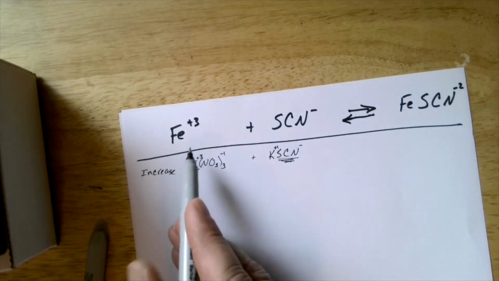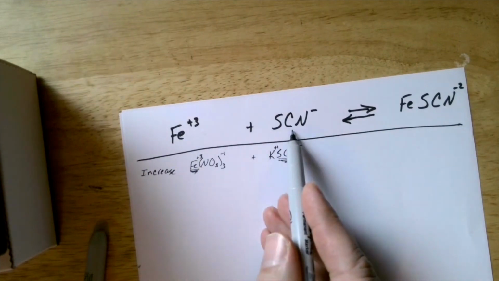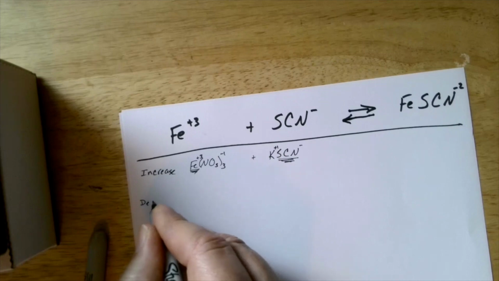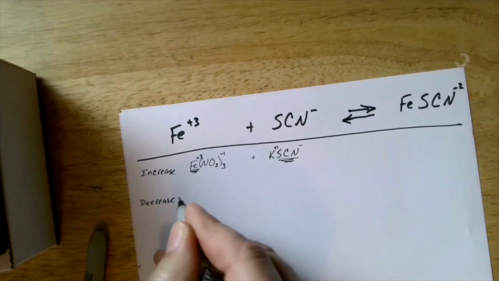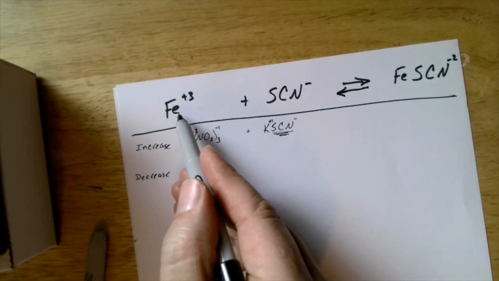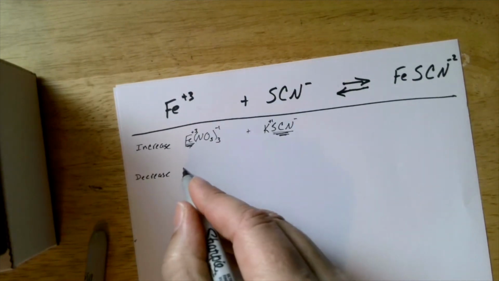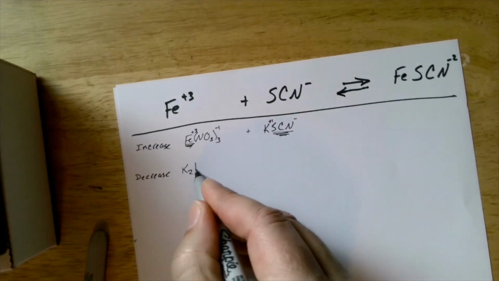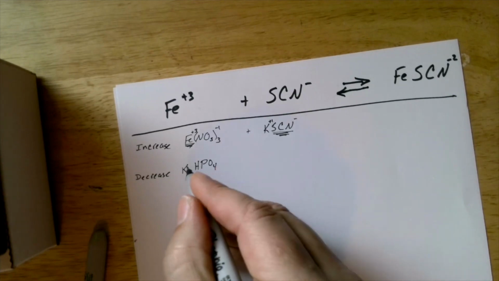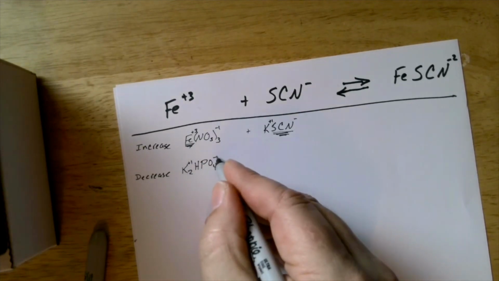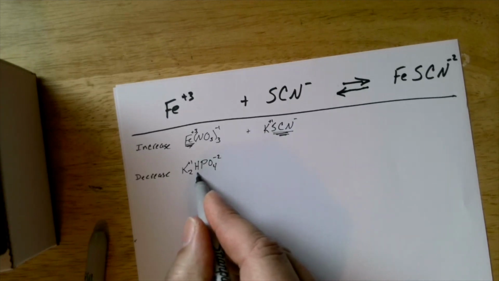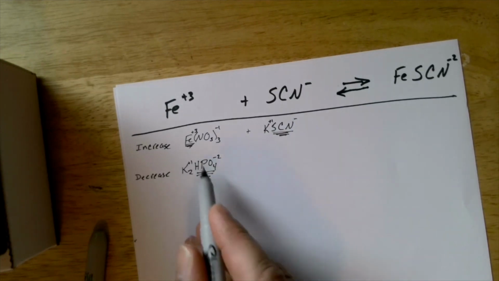There's also a way to decrease your amount of reactants. So in order to decrease it, one thing we can do here, if I want to decrease the amount of iron, I can add potassium hydrogen phosphate. Okay, potassium has a +1, hydrogen phosphate has a -2 charge, and this part right here will decrease the amount of iron.